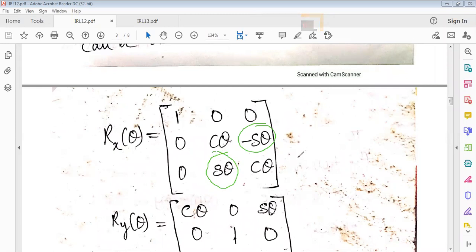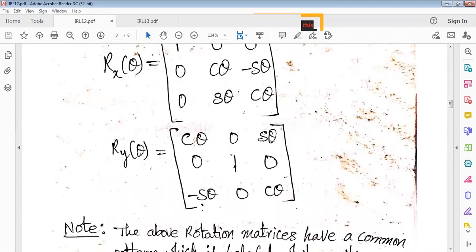For example, if you consider this matrix about the y-axis, the diagonal element 1 is at 2, 2, so i is equal to 2. Second row, second column, this is 1. The other elements in this row and column are zeros.